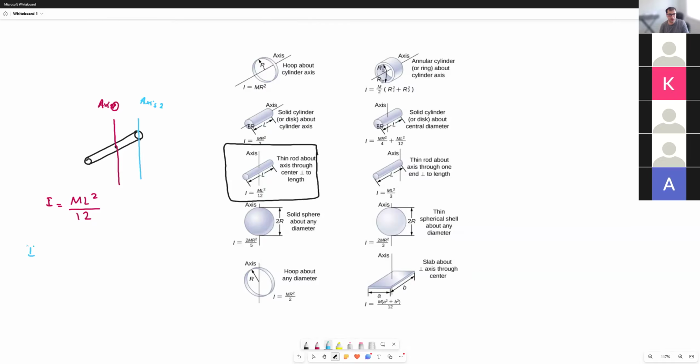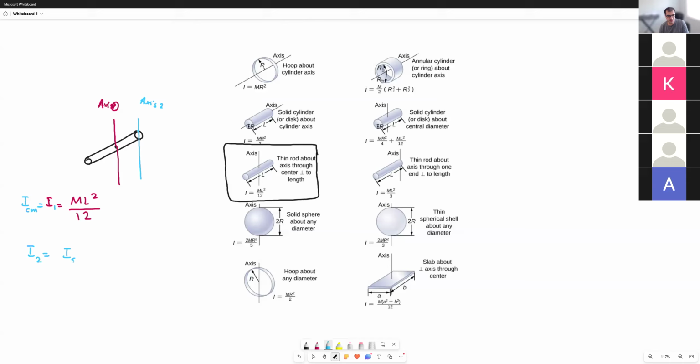Moment of inertia about axis 2 is going to be equal to the moment of inertia about axis 1. Here, axis 1 is an axis that passes through the center of mass. I can call it an axis through the center of mass.